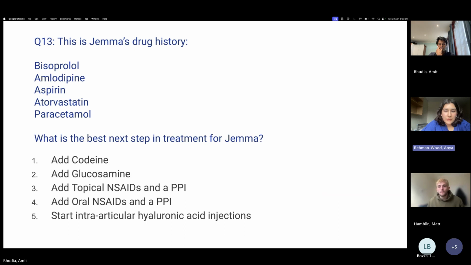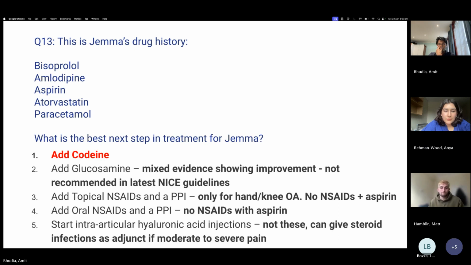Okay, should we have the answer? So the next best thing to do is to add codeine. I think this is also quite a hard question, so let's just go through it.